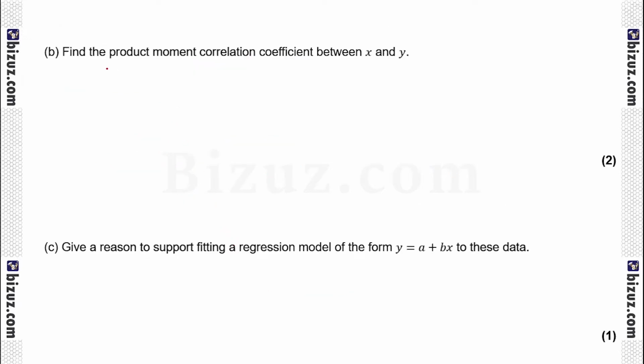All right, next part. Find the product moment correlation coefficient between x and y. Okay, so it's basically written as r, and the formula for that is your mixed summary statistic. So this is how I like to remember the formula.